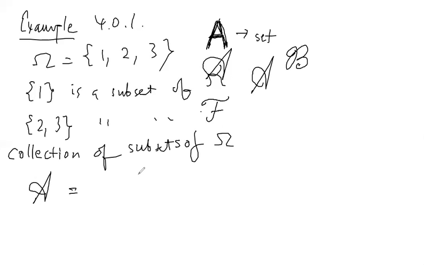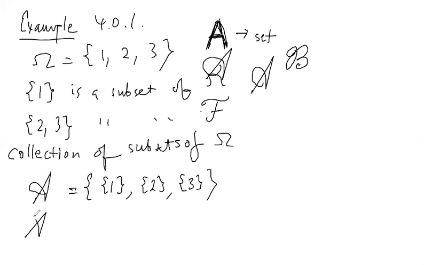For a collection of subsets, for example, if you are only interested in the singletons, meaning only a single number, I can collect them together like this. This is one example of a collection of subsets.